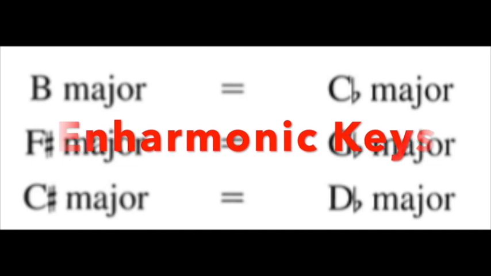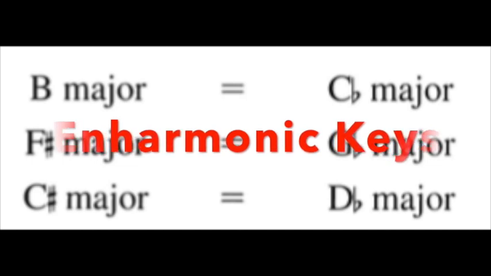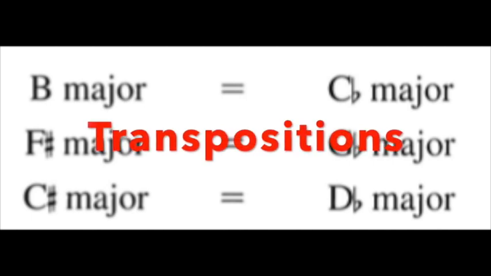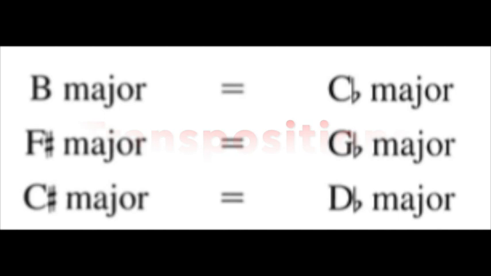If 2 major keys are not enharmonic, then they are transpositions of each other. To transpose means to write or play music in some key other than the original. The key signatures that we've seen so far must be memorized, not only by the number of accidentals involved, but also their order and placement on the staff.